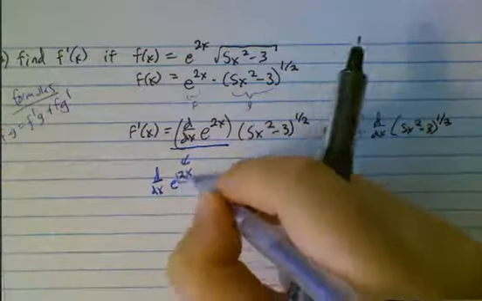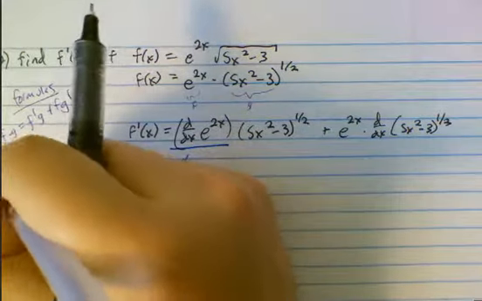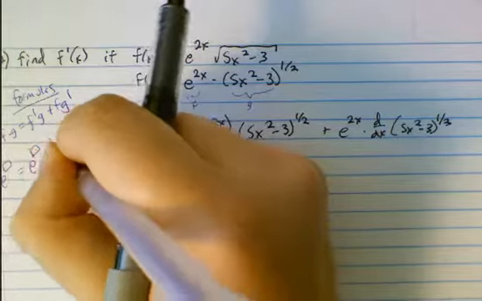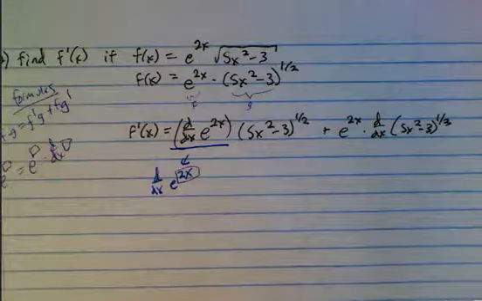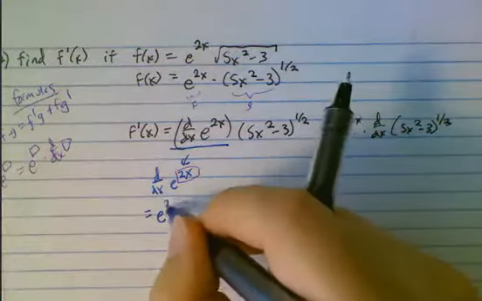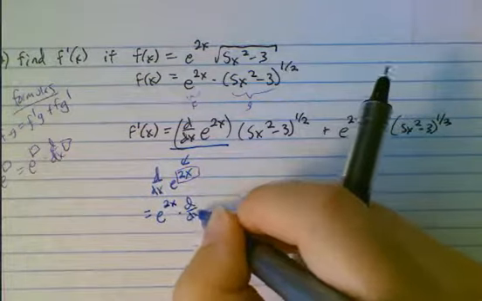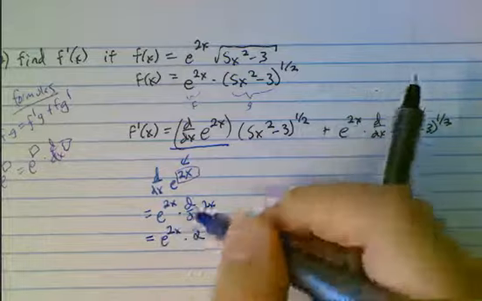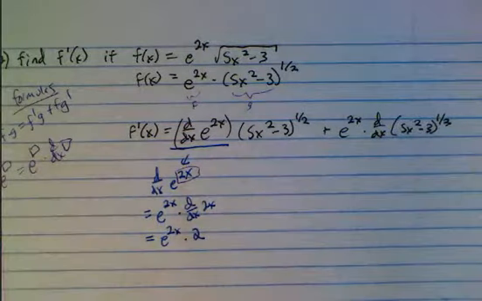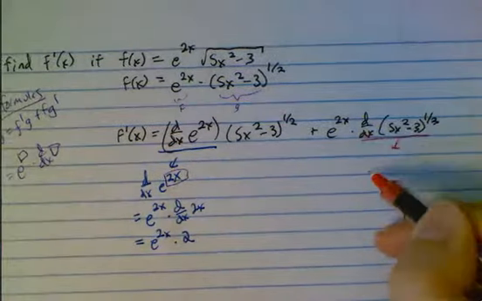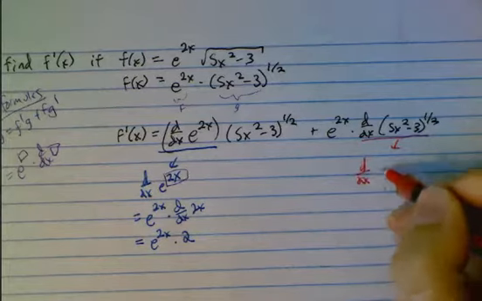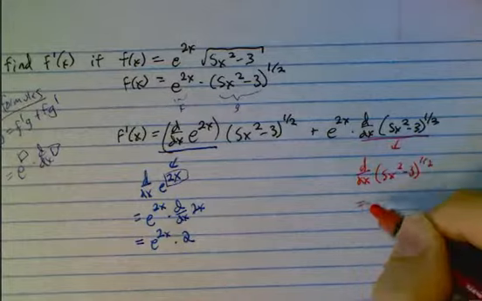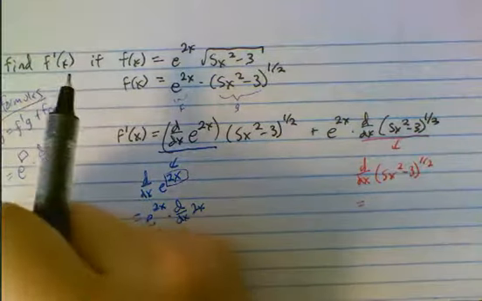Notice here we have a box function, so we're going to need to use the formula. Derivative of e to the box is e to the box times the derivative of the box. Whereas over here, let's write our formula.